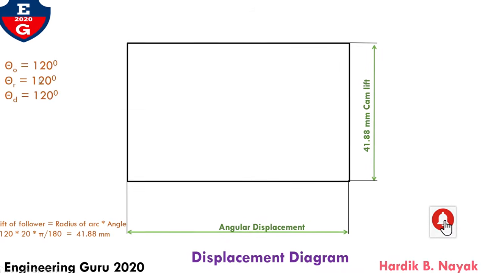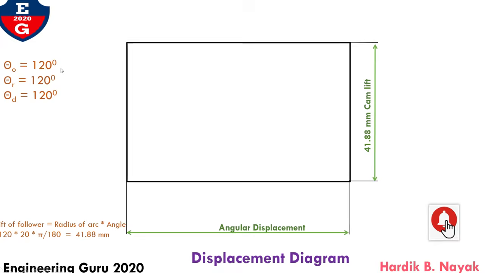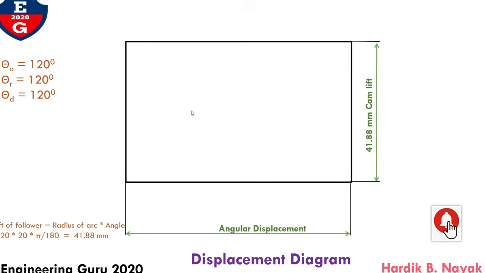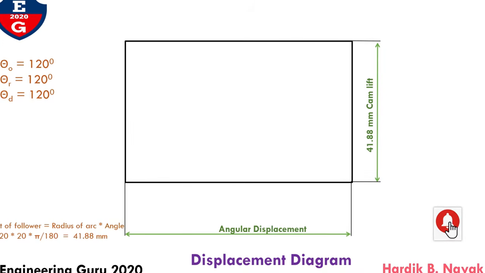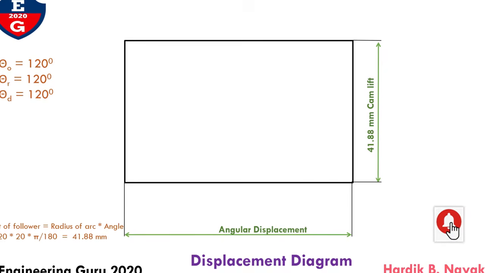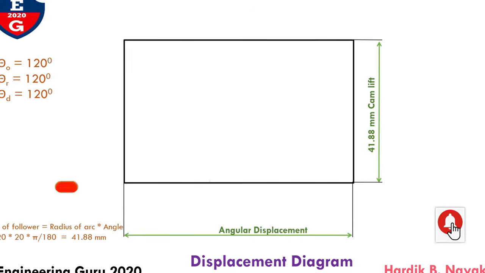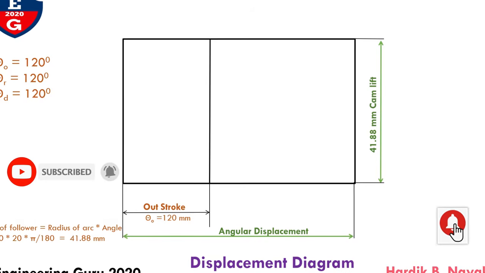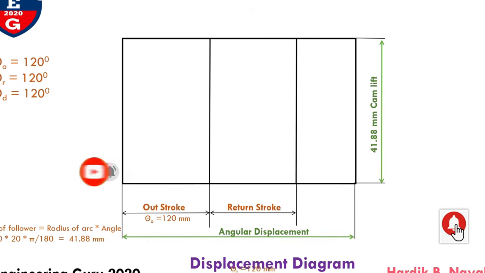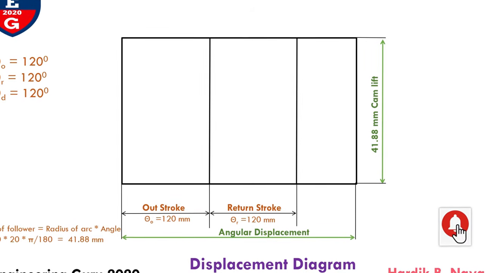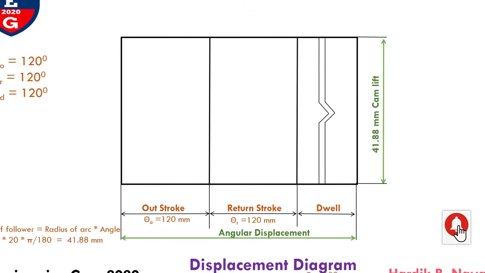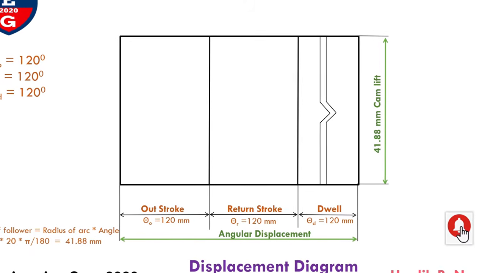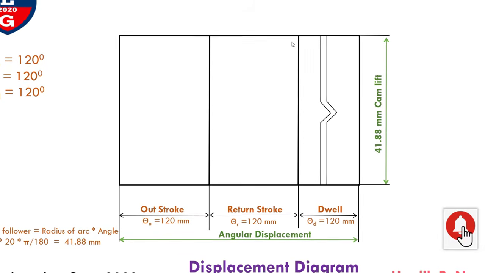So lift of the follower is taken on the y-axis and on the x-axis angular displacement. Here outstroke equals 120 degrees, return stroke equals 120 degrees, and the remaining dwell equals 120 degrees is given. Here draw first the outstroke, second the return stroke, and final the dwell, and it's shown with a broken section line.